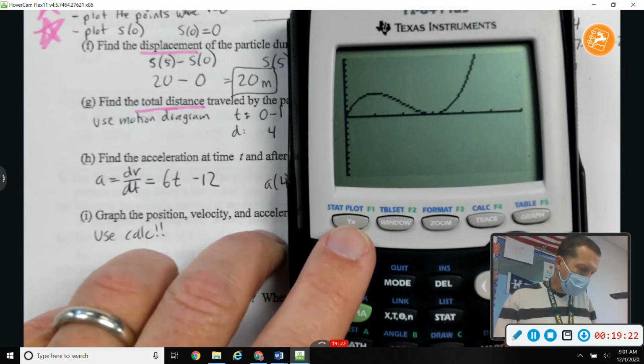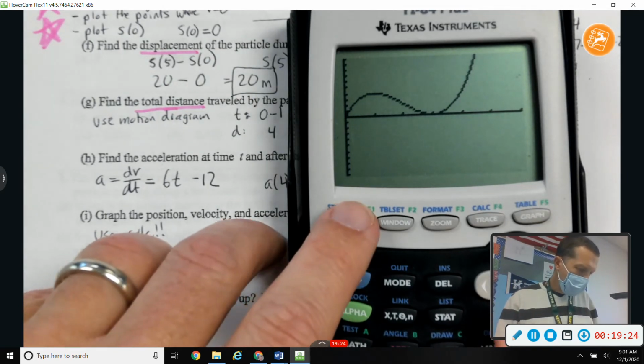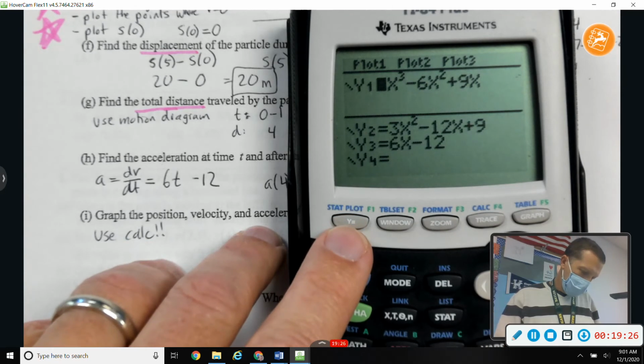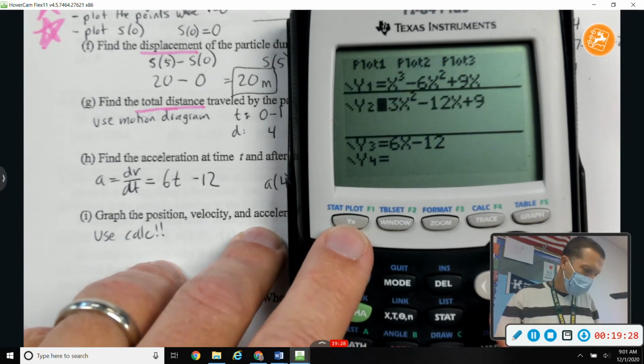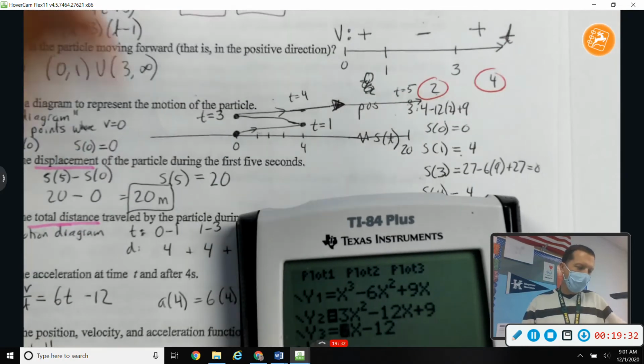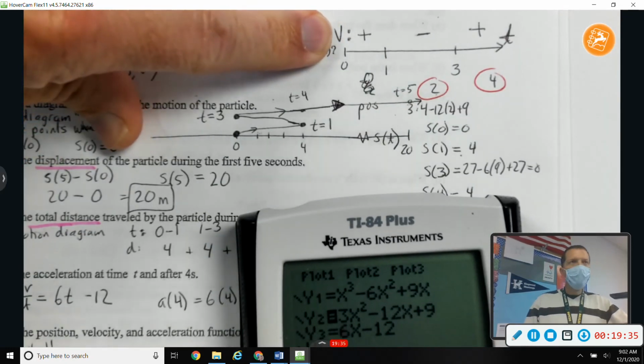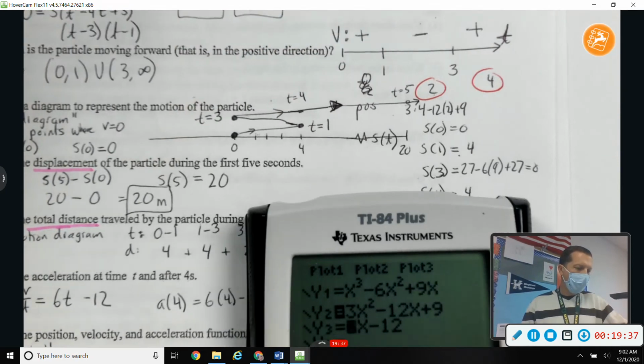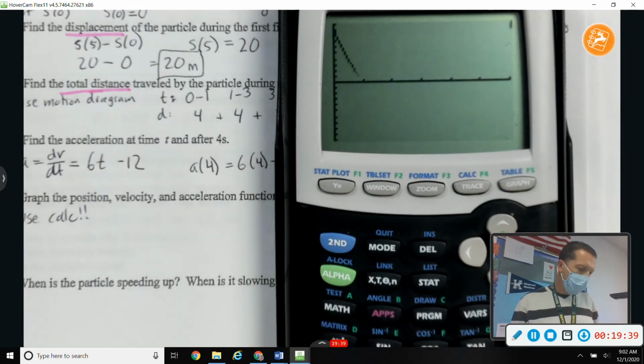Let's look at velocity. So turn that one off, turn velocity on. I kind of know what it should look like because I did a velocity number line up here. It should be positive, negative, positive. Positive, negative, positive. Okay, so that makes sense.